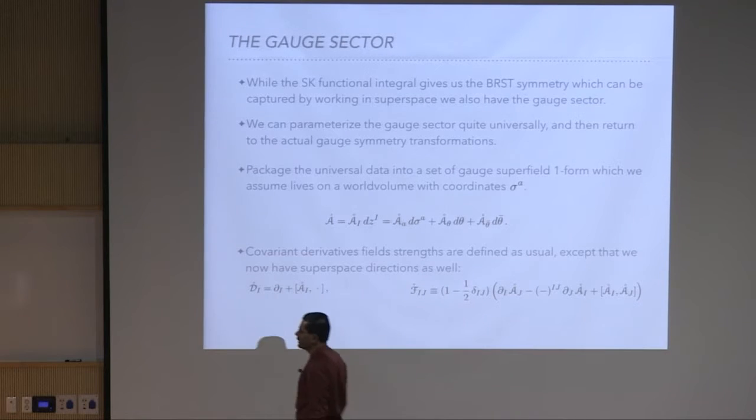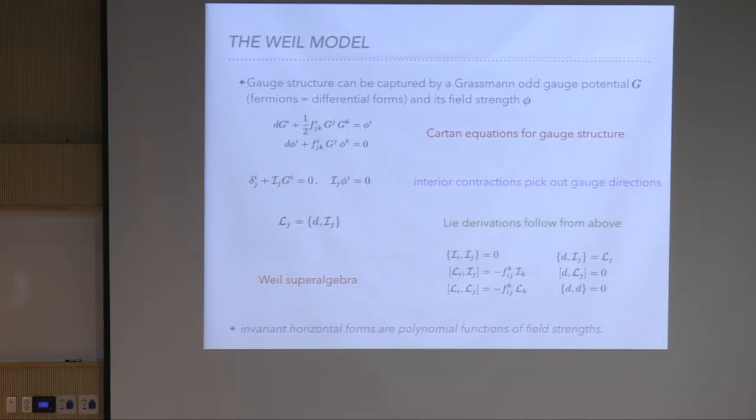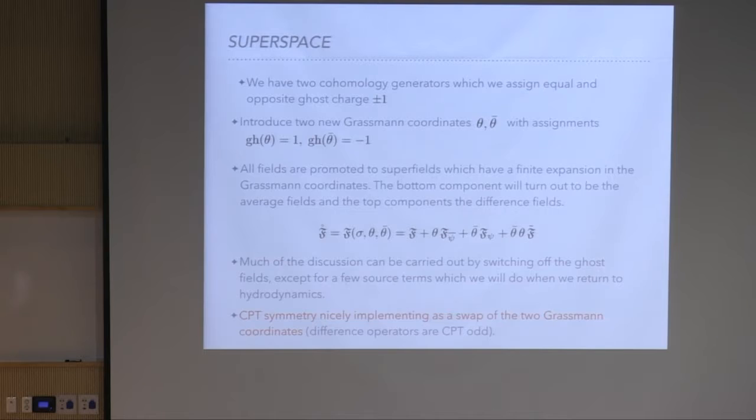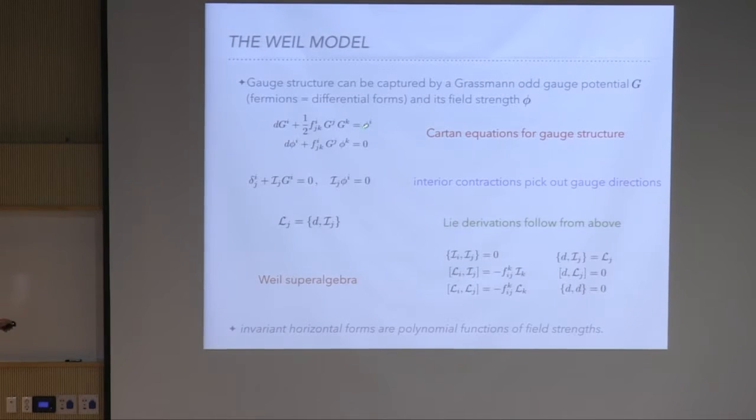Why is that? You saw in this simpler model that there was an underlying set of gauge directions that was used to implement the equivariant cohomology, and the interior contractions were associated with those.